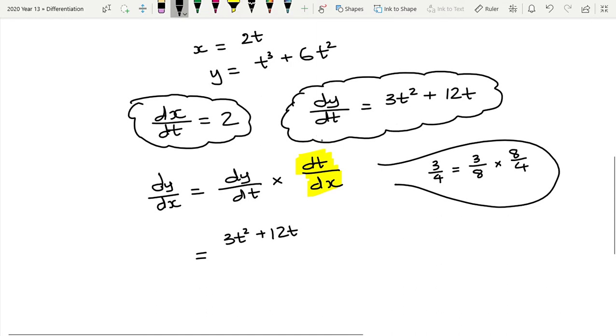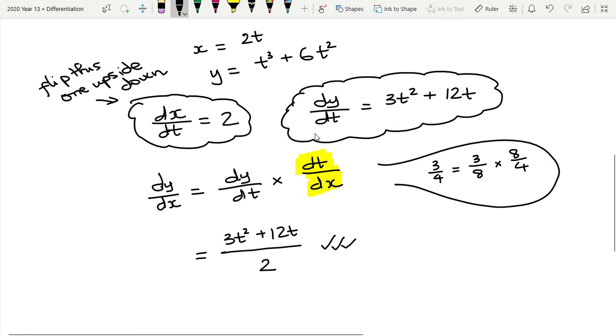So therefore I flip this one upside down. Kind of makes sense, right? If I flip one upside down, I have a fraction over 2, and this is the answer.